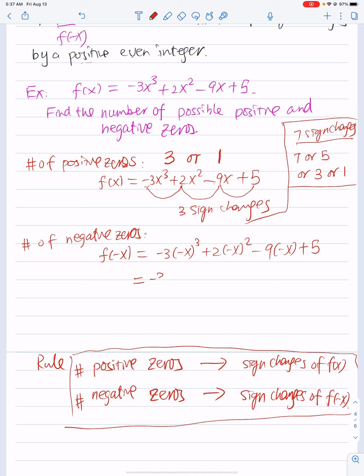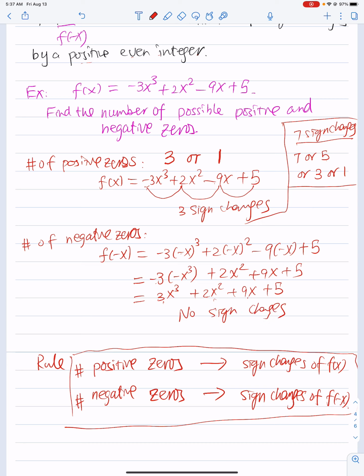So it will be negative 3 times negative x cubed. The negative sign disappears for the square, and you get plus 9x plus 5. So f(-x) is 3x cubed plus 2x squared plus 9x plus 5. What happened here? Positive, positive, positive, positive. Do you have any sign changes? No sign changes.